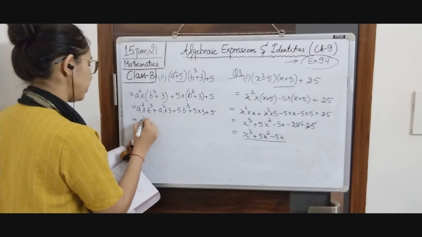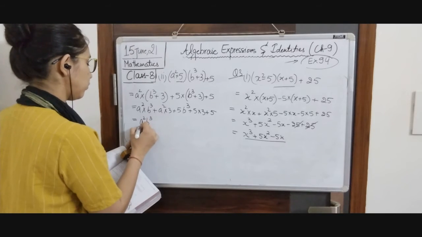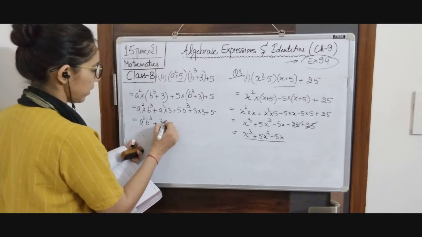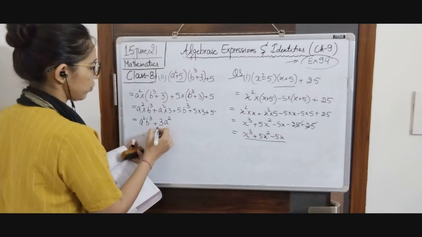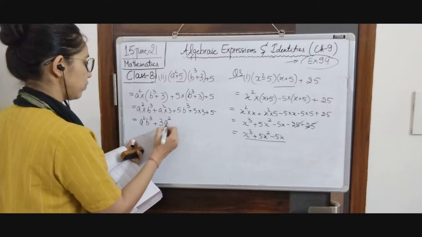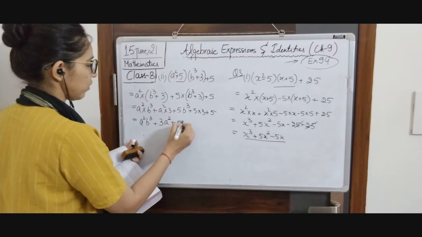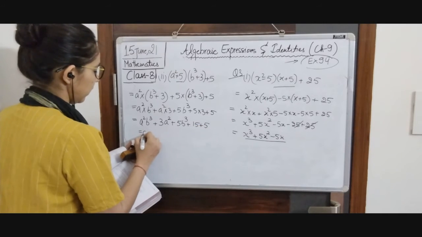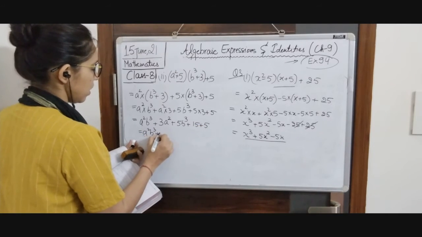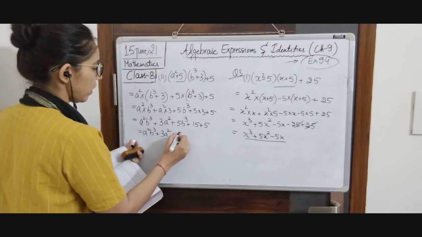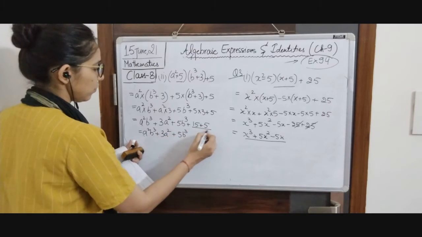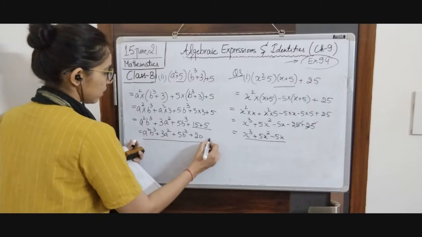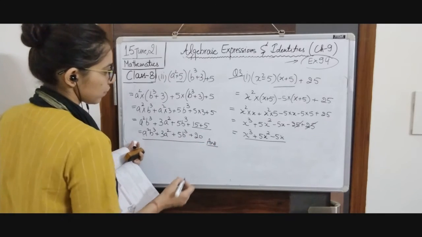We are left with a square b cube plus 3 a square, because we have to write the coefficients first. So it is going to be 3a square instead of a square 3. Then 5b cube plus 15 plus 5. There are no other like terms than these two. So we will calculate these two and we will get 20, and this is going to be our end result.